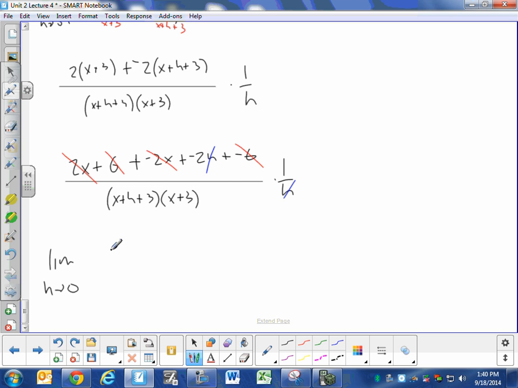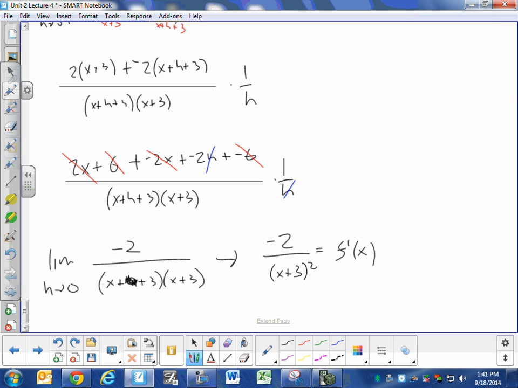I have negative 2 over the quantity x plus h plus 3 times x plus 3. Plug in 0 for h. I get negative 2 over, this would be x plus 3 times x plus 3, that's x plus 3 squared. This is my derivative function.